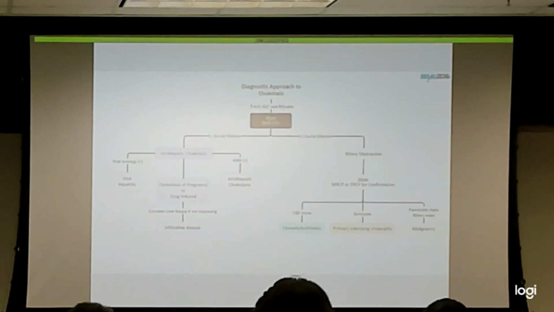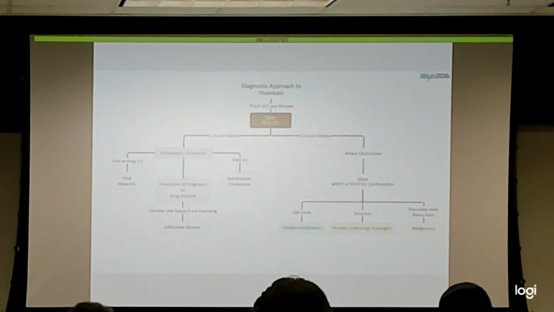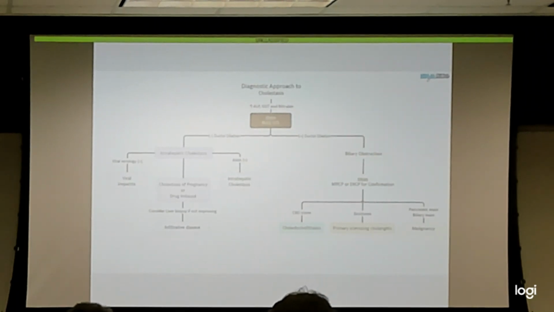And so they can see some ductal stones, because you can't really see those on ultrasound, depending on what kind of stone they are, right? So I might have some common bile duct stones, so choledocholithiasis or cholelithiasis. Stricturing, we'll talk about primary sclerosing cholangitis, and then malignancy, right? So if I've got a mass there that's causing all the backflow.